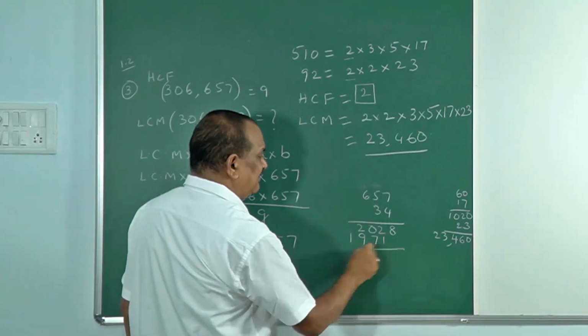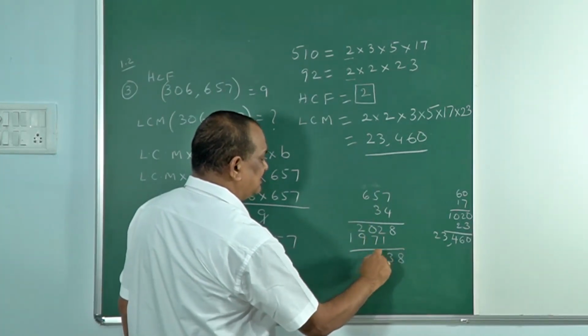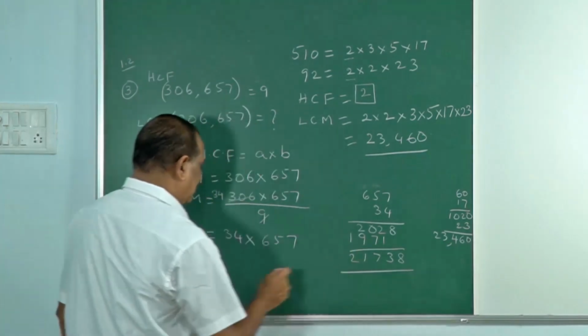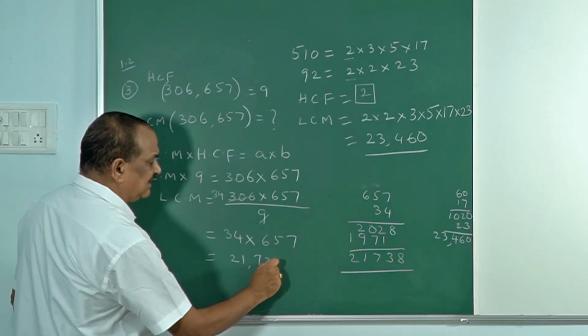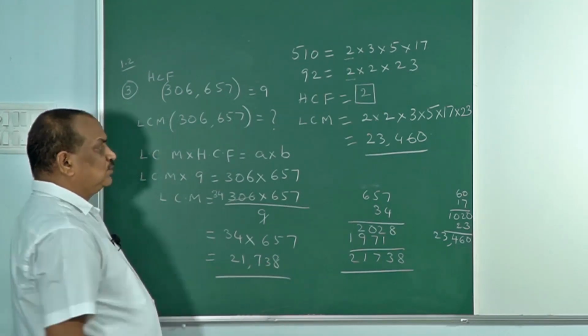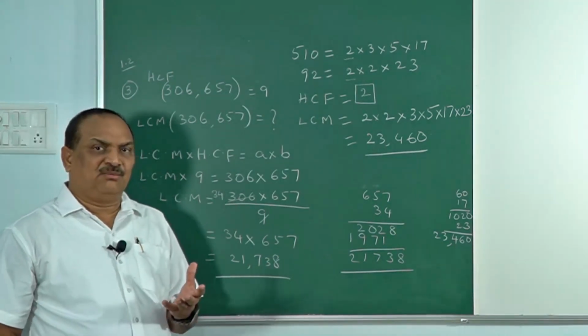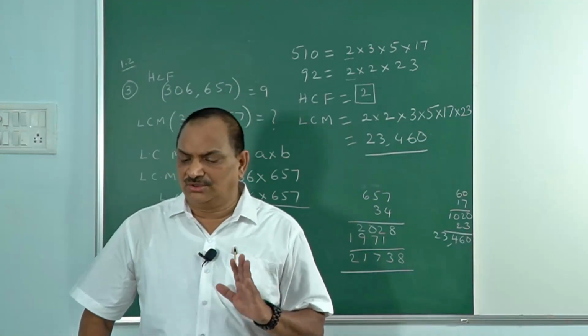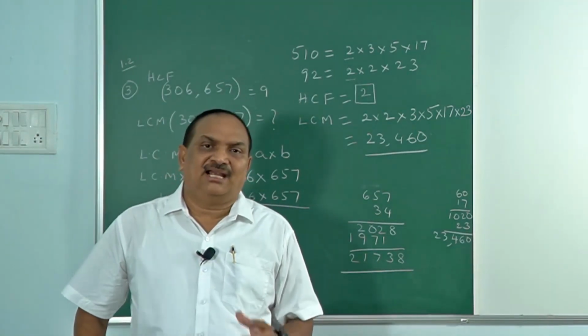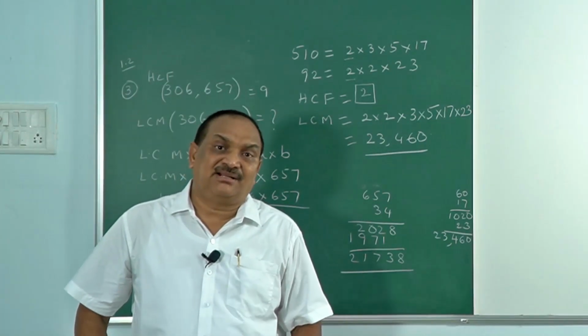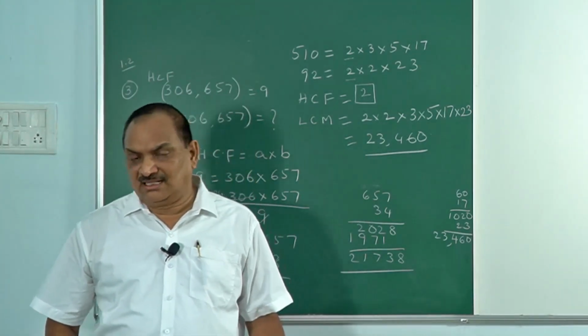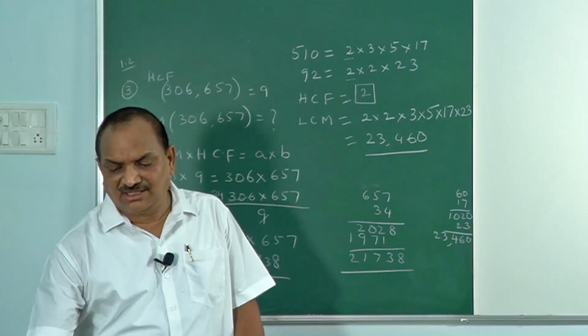Okay, then 8 3 7 1 2. So your LCM is 21,738. So how did we do this problem? You are given two numbers and also the HCF of the numbers, and you need to find out the LCM from the relation that LCM times HCF is nothing but the product of the numbers you are given.